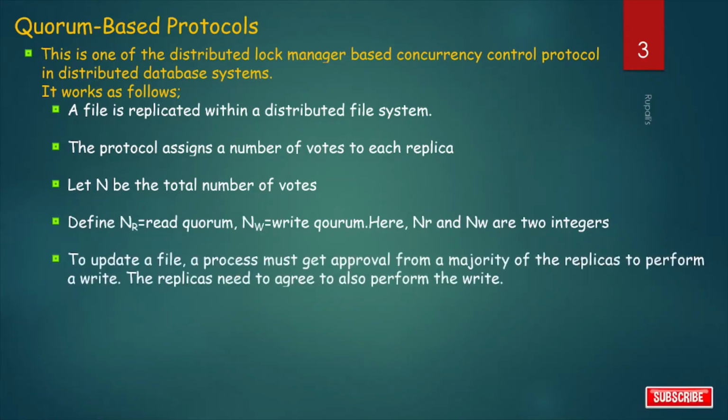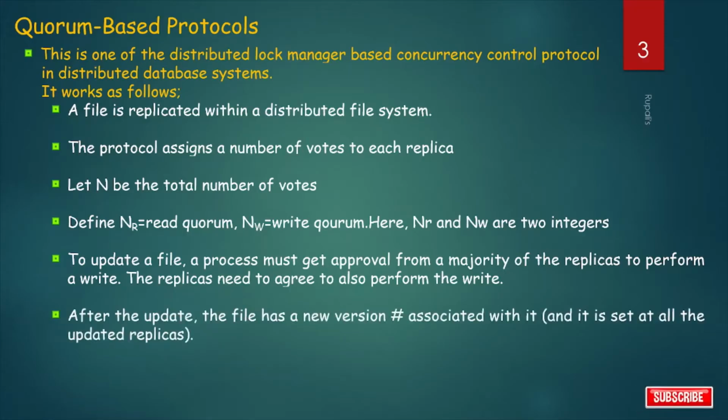Now, to update a file, a process must get approval from a majority of the replicas to perform a write. Then the replicas need to agree to also perform the write. After the update, the file has a new version, say a hash, associated with it, and it is sent to all the updated replicas.